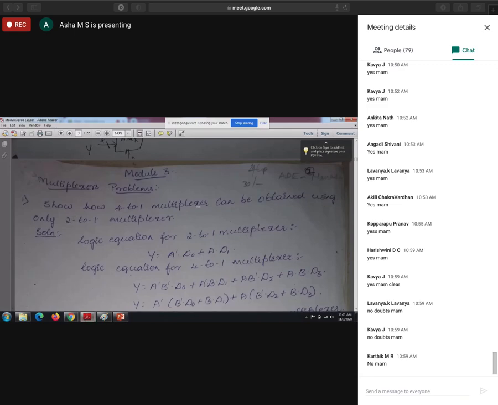Show how a 4 to 1 multiplexer can be obtained using 2 to 1 multiplexers. So you are going to use only 2 to 1 muxes.